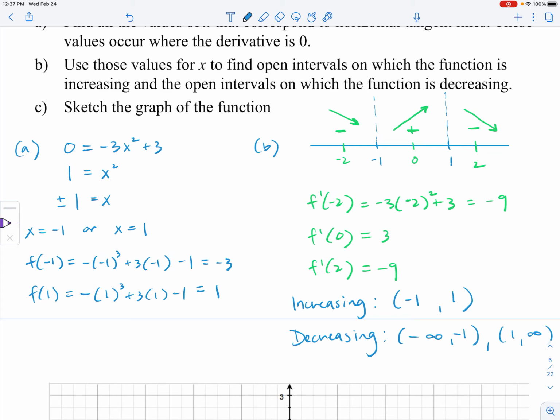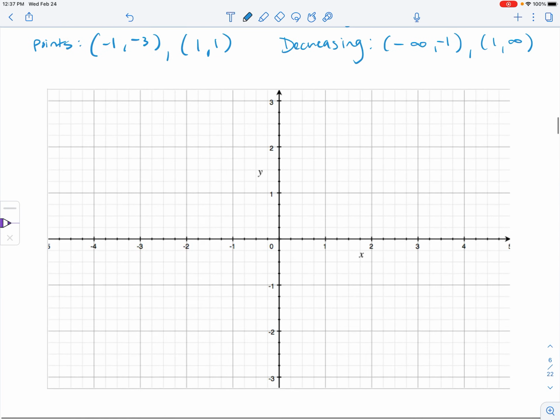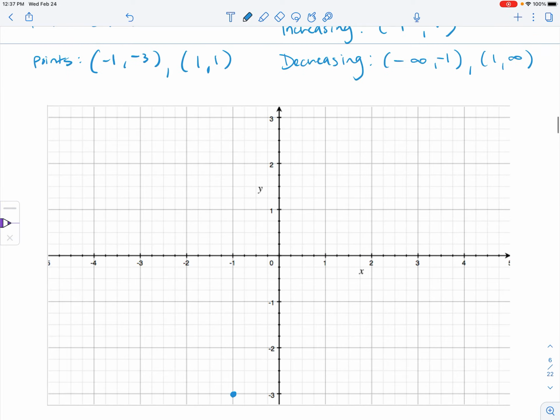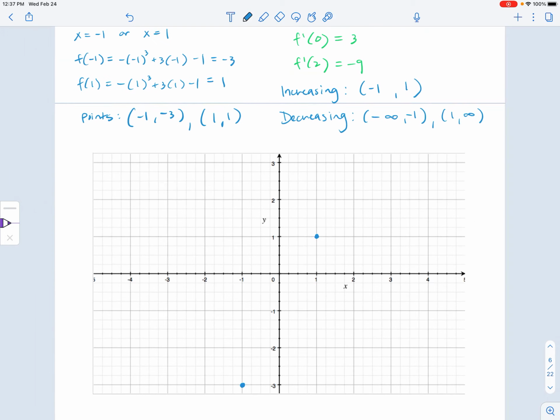So the 2 points that I know where there are horizontal tangent lines, I'm labeling them as points just because they're not intervals, they're points, is at (-1, -3) and (1, 1). So I can actually plot those points. Pay attention to the scale. I've given you the scale on here.